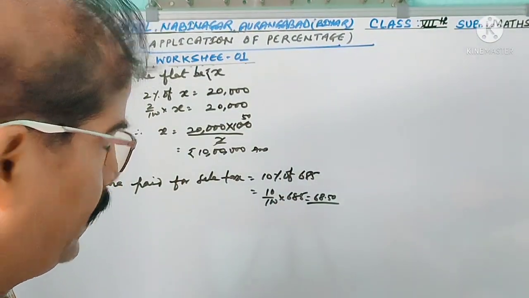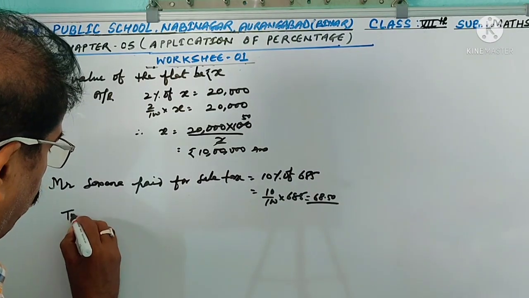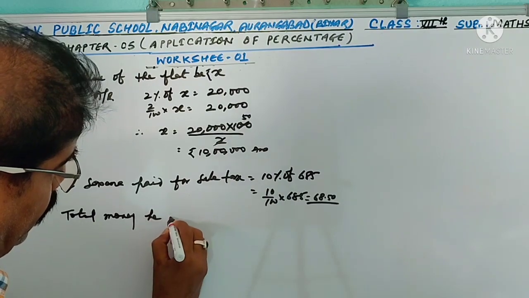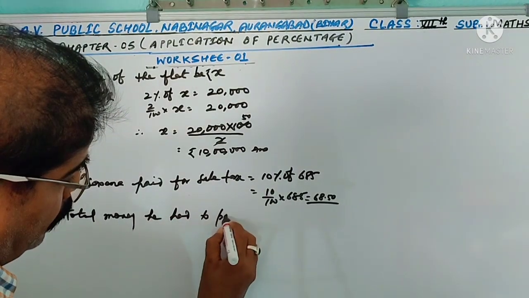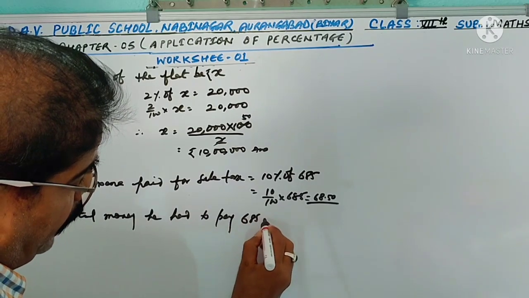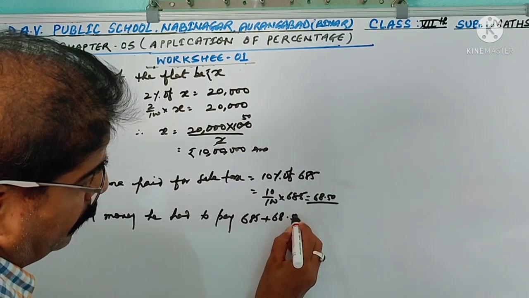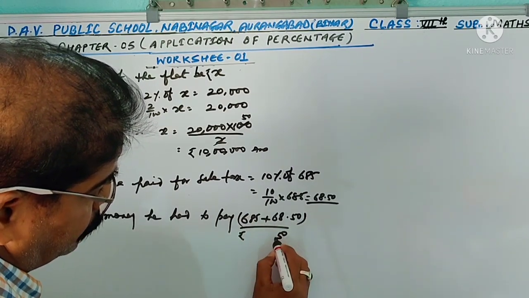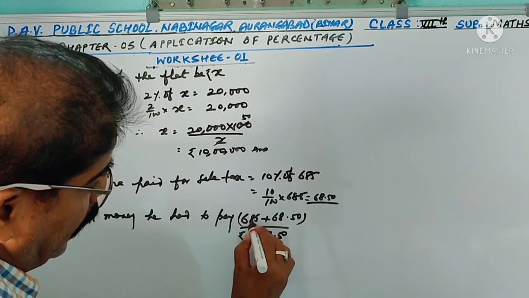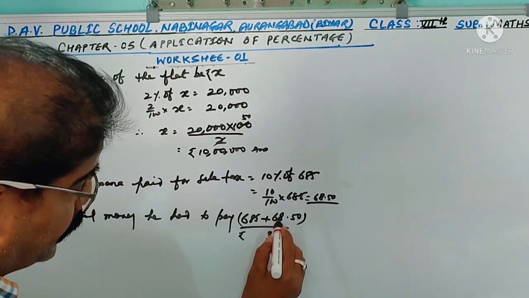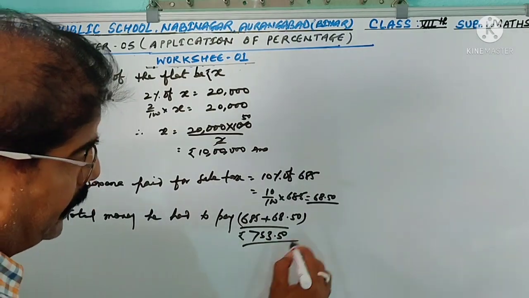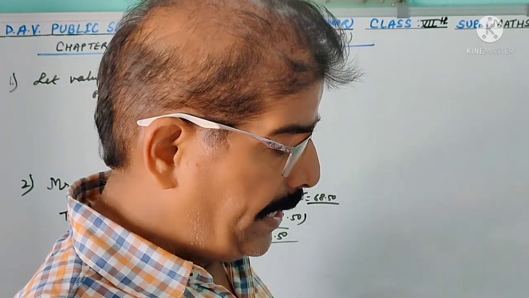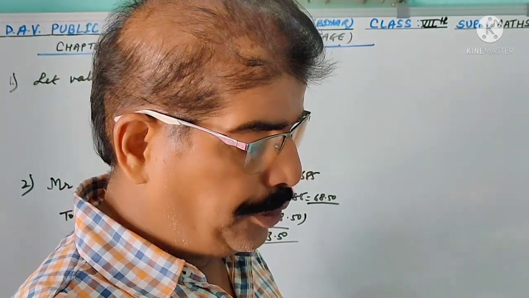So the total money he had to pay is 685 plus 68.50, that is 753.50. Next question.